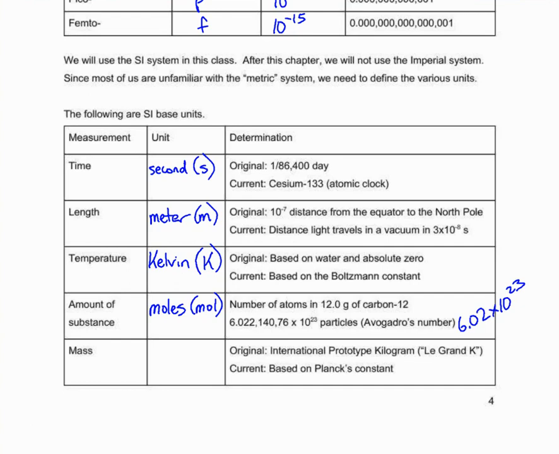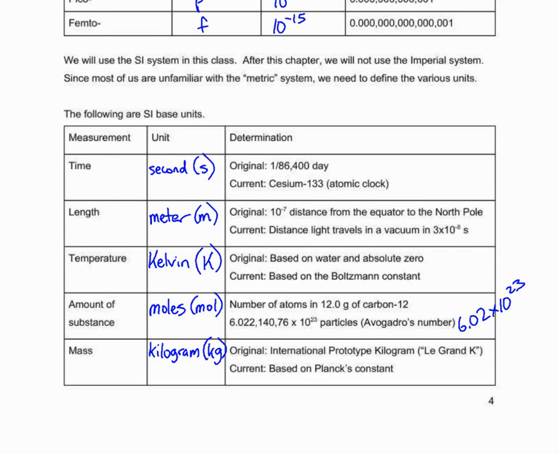The last one in this table is mass. And the base unit of mass, interestingly enough, is the kilogram, which is kg. A kilogram is 1,000 grams. So we would think that the gram is the base unit, but it's actually not.